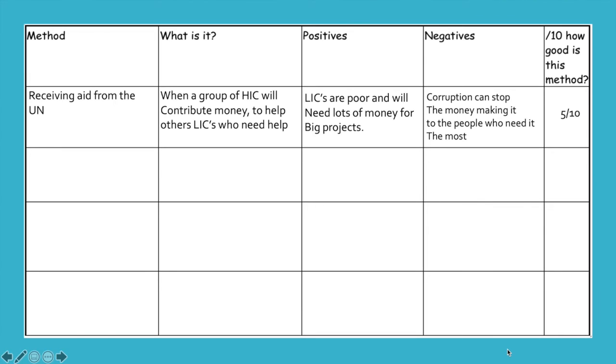So, for this method, I've written down the one I have next to me, which is receiving aid from the UN. What is it? It's a group of HIC, high-income countries, that will contribute money to help other low-income countries who need help. The positives. Low-income countries are poor and will need lots of money for big projects.